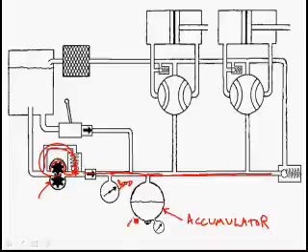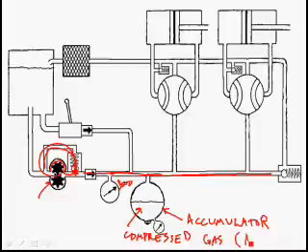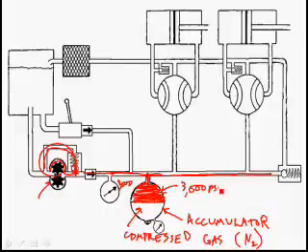In the meantime, if we had compressed gas on one side of the accumulator, and it's almost always nitrogen, N2, and we had a diaphragm here in the middle, according to Pascal's law, if the pressure manifold is open to this half of the hydraulic accumulator, then the pressure inside the accumulator is going to be 3,000 psi.